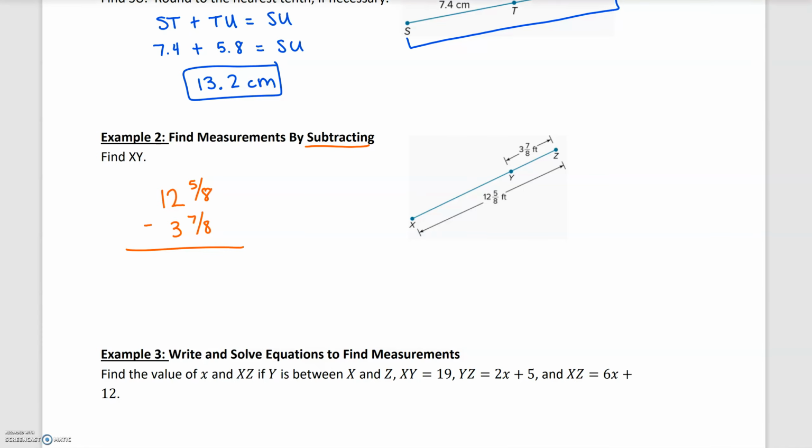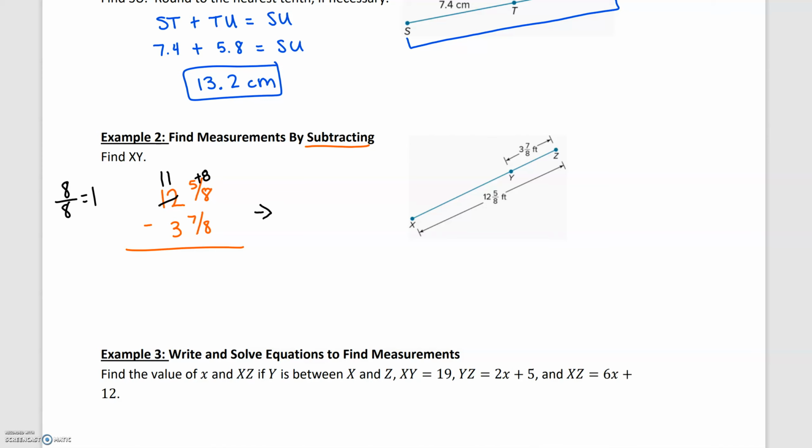So what I'm going to do is steal a whole, which is 8 out of 8, the same thing as 1 whole. So I'm going to go ahead and add that whole, but in the form of 8s, to this fraction here.